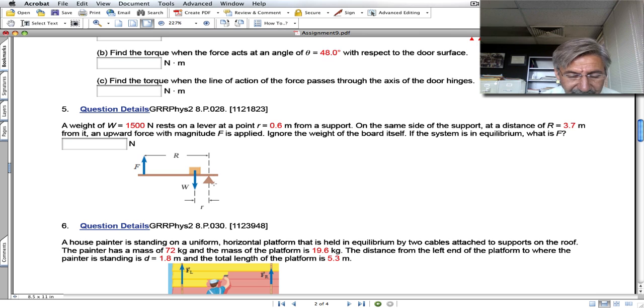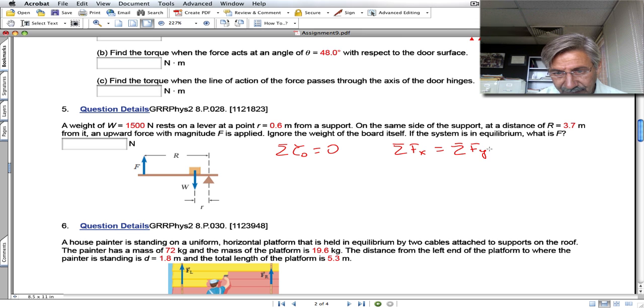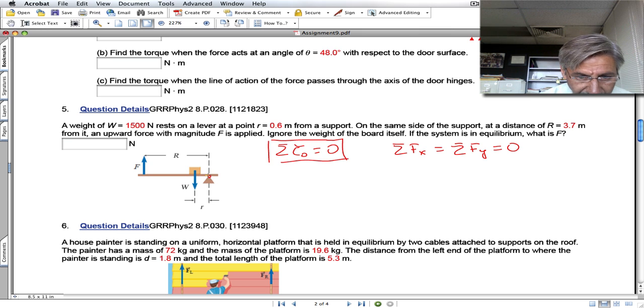This system, in order to be in equilibrium, the sum of the torques around any point has to be 0, and the sum of the horizontal forces has to be 0, and the sum of the vertical forces has to be 0. This condition has to be satisfied around any point, in particular around this point.